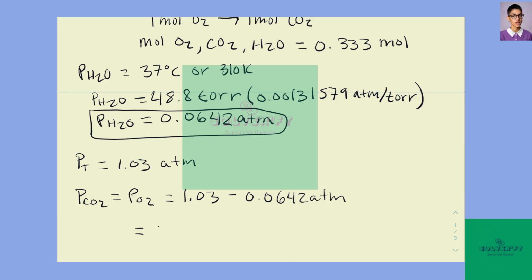So when we calculate this out, it's going to be 0.9658 atmospheres. Again, this is both for CO2 and oxygen.